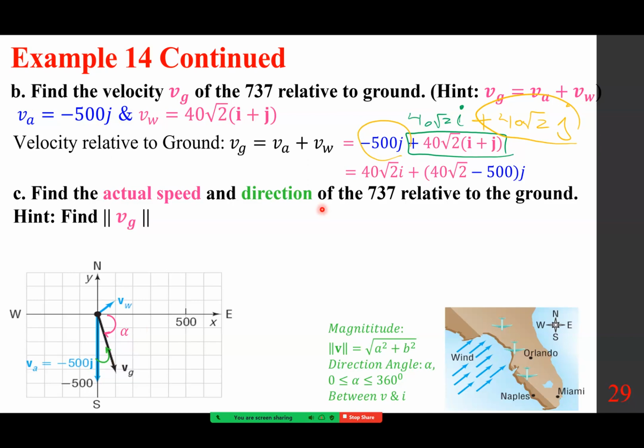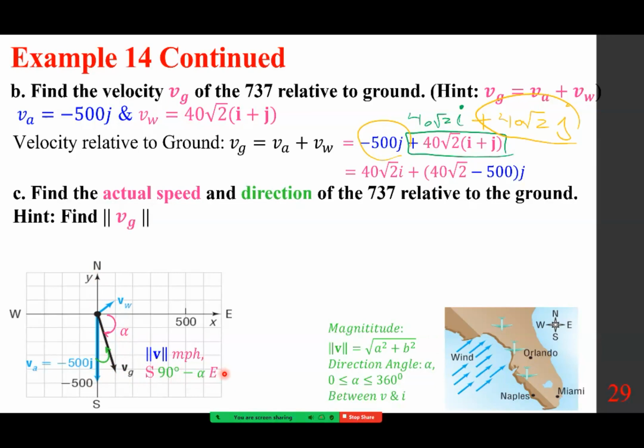The direction will be south, 90 minus alpha going east. So first we find alpha, subtract it from 90, and it becomes 90 minus alpha. This is going south, 90 degrees minus alpha, east.